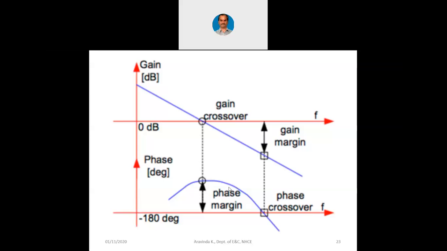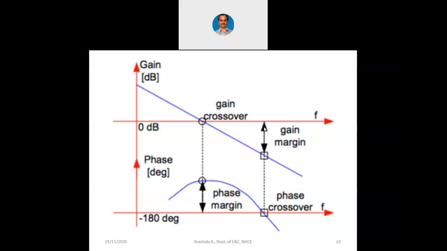After some time, at a particular frequency, the phase is becoming 0. Even though in this picture it is showing minus 180 degree, with reference to the common emitter amplifier, the phase shift also is going to become 0 between input and output. Now in such a case, when the phase shift is becoming 0, gain is not 0 dB. Gain is less than 0 dB. That means there is a gain margin here now.